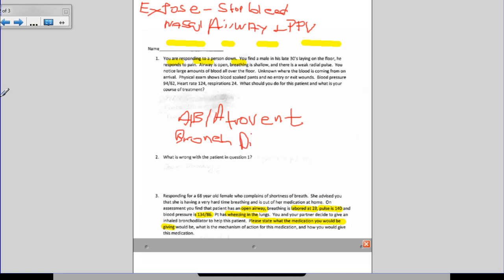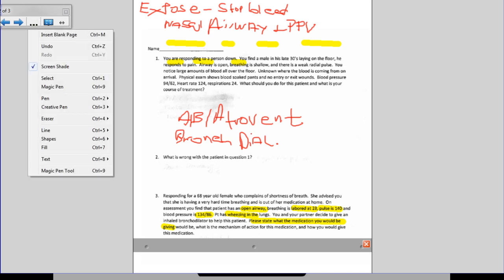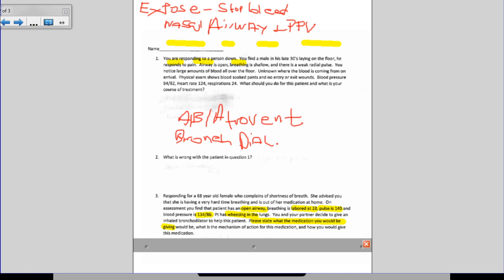I'm going to abbreviate that. That's probably not the right abbreviation, but you get my point. Bronchodilator. Let me highlight the mechanism of action so that we'll know that's the second thing that it wants.